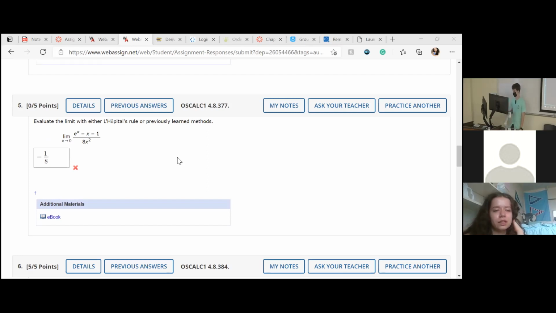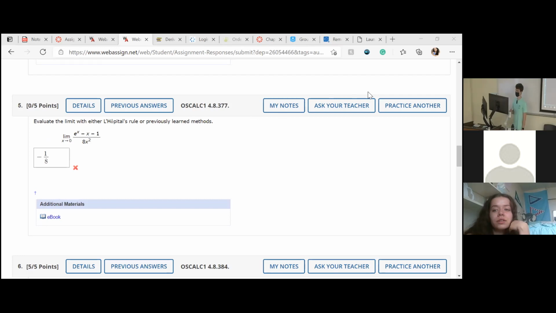Because I actually think no, you can't, because the bottom doesn't equal 0, it equals 8. Well, if you plug in x0 for x there, that's going to make the bottom 0.